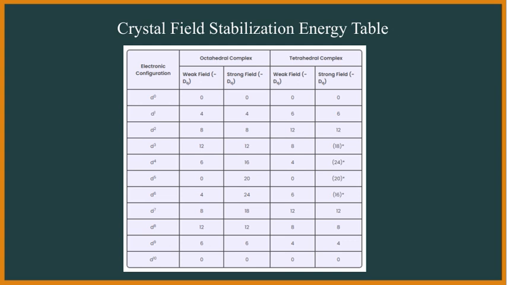This stabilization energy is a vital factor in predicting the overall stability of a complex and its color, reactivity, and other properties. By analyzing this table, we can better grasp why certain geometries and electron arrangements are favored in coordination chemistry. It ties directly into our broader theme of understanding how electronic structure influences chemical behavior.